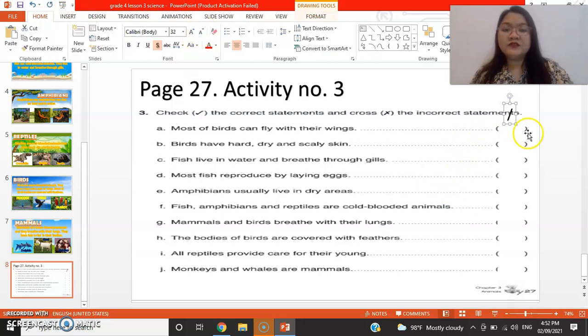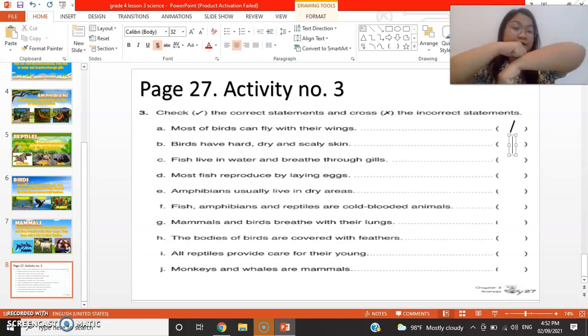How about letter B? Birds have hard, dry, and scaly skin. So, do birds have hard and dry skin? Yes or no? Correct or not correct? 5, 4, 3, 2, 1.